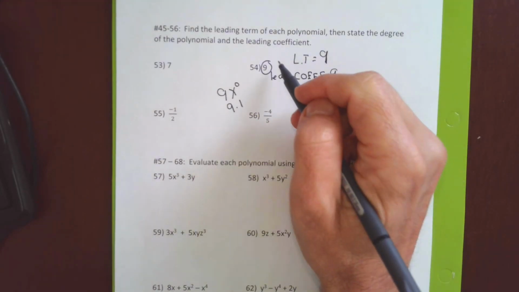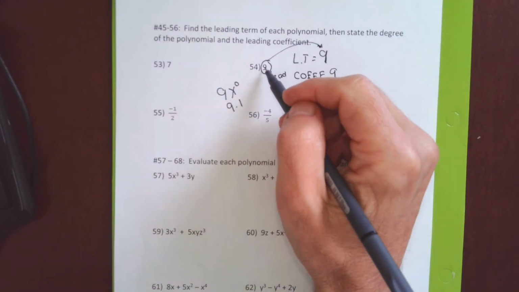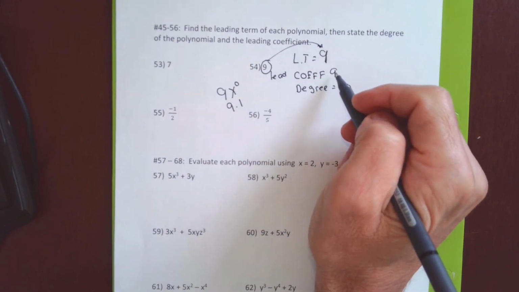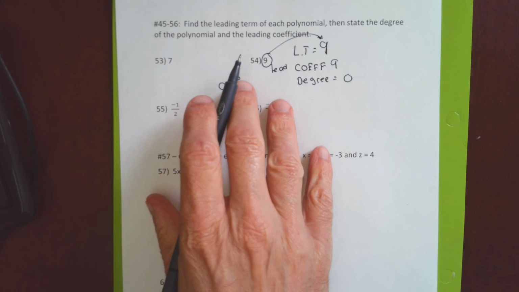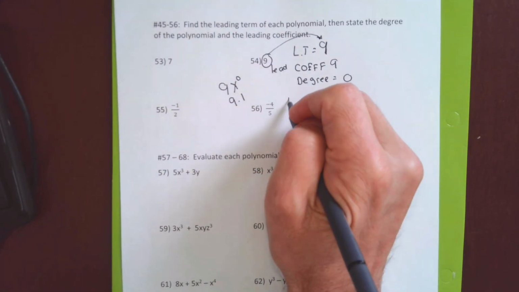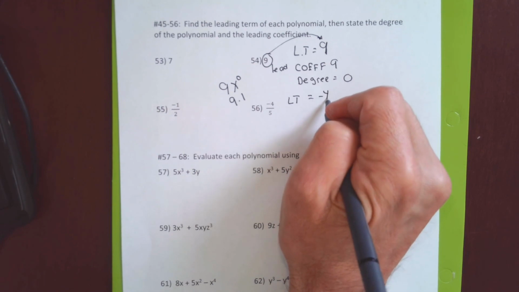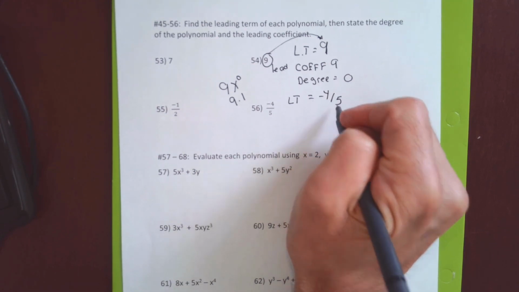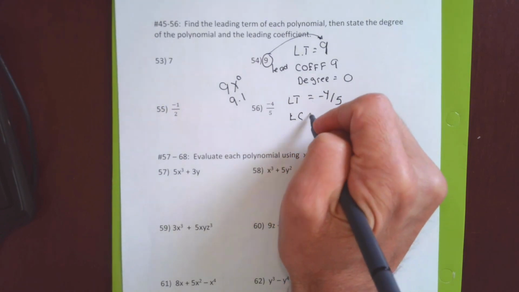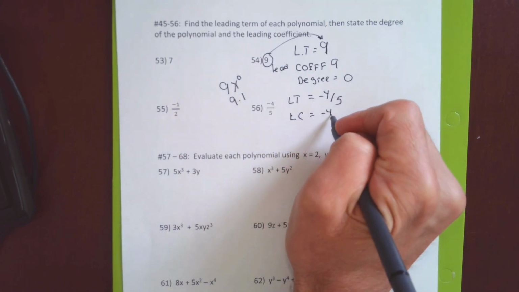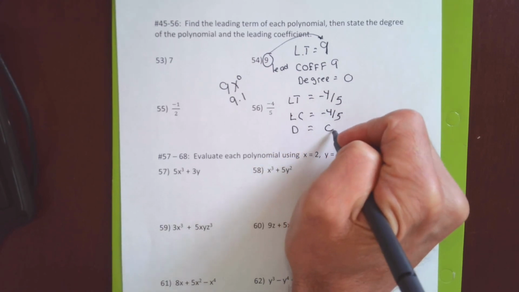But the leading term is the whole monomial. It's the only term. But a number without a letter is its own coefficient, and numbers without letters have degree 0. Similarly, in problem 56, the leading term is the negative 4/5. Its leading coefficient is still the negative 4/5, and constants have degree 0.